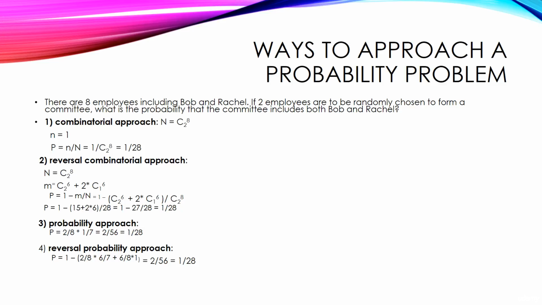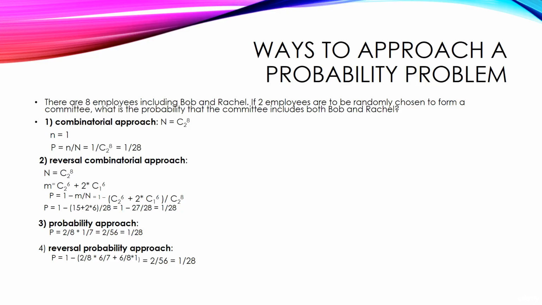P is equal to 1 minus m by N, which is equal to 1 minus (6C2 plus 2 times 6C1) by 8C2, which is equal to 1 minus (15 plus 2 times 6) by 28, which is equal to 1 minus 27 by 28, which is equal to 1 by 28.